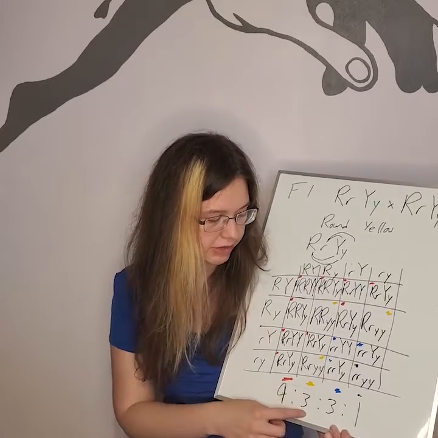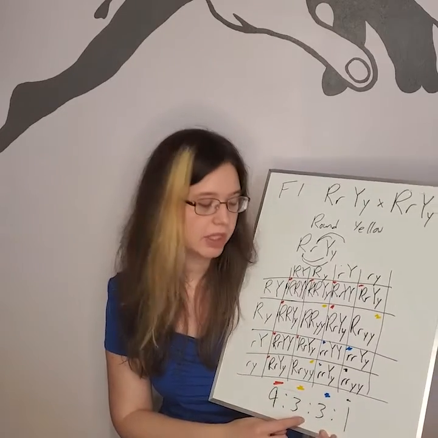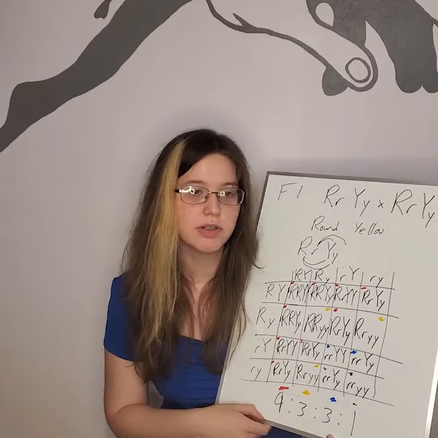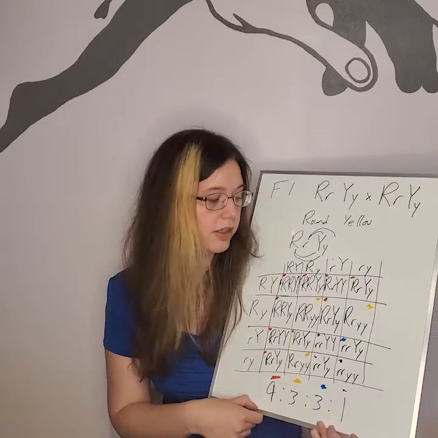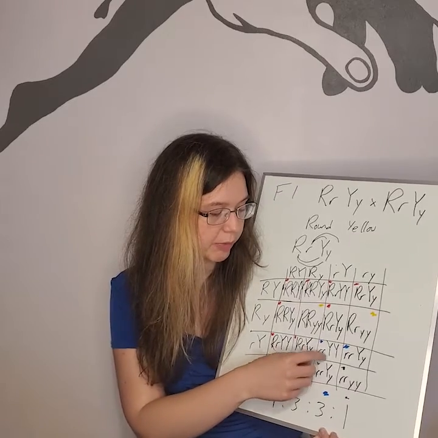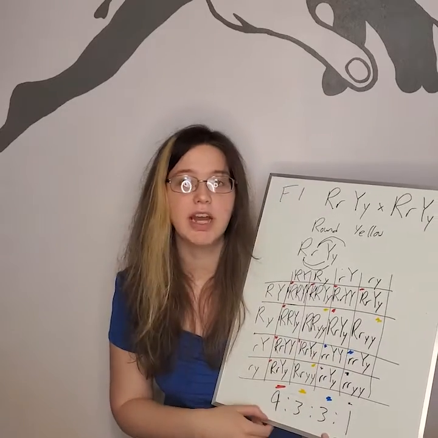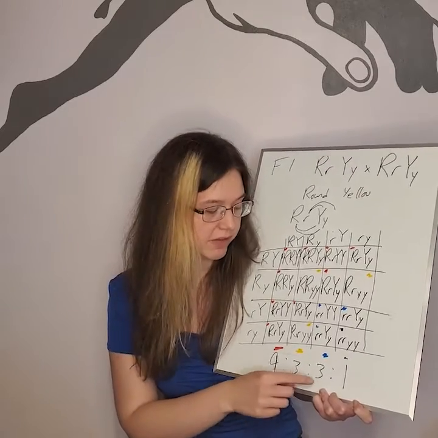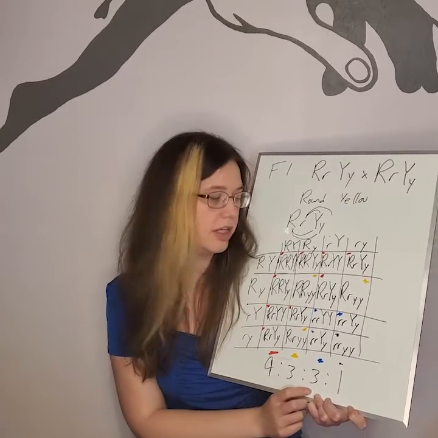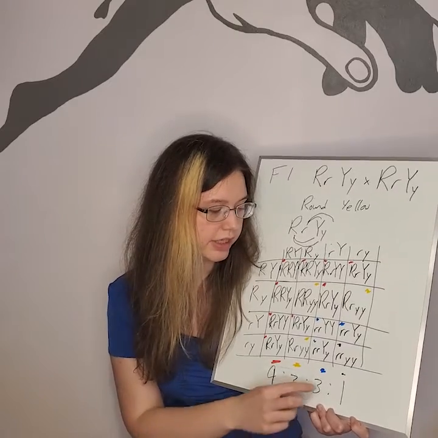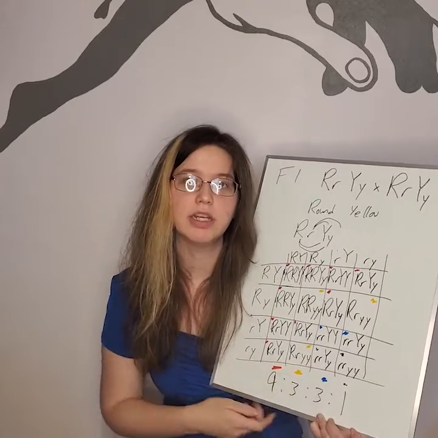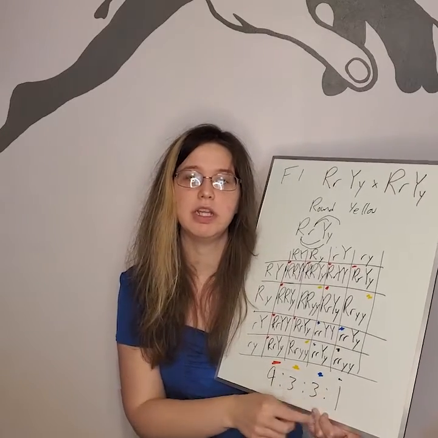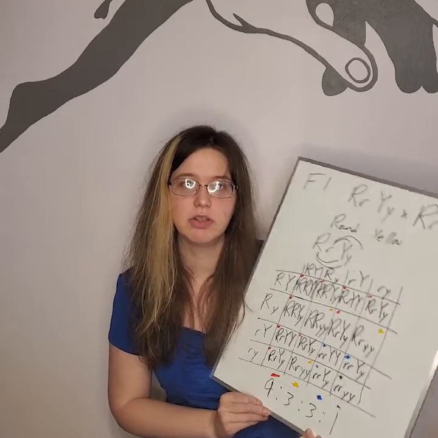So we have 3 that are round and green. And then we also have 3 that are yellow, because they have the capital Y, but they don't have the capital R. So they're going to be wrinkled. So we have 3 that are yellow and wrinkled. And then lastly, we have 1 that expresses both of the recessive traits. So we have 1 that is green and wrinkled.